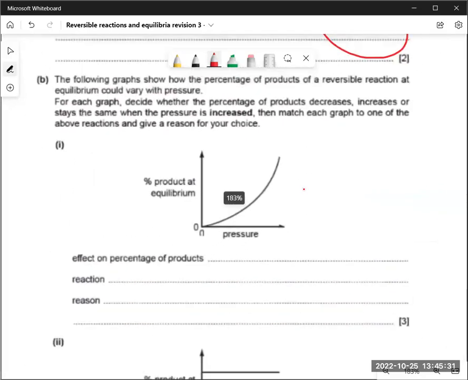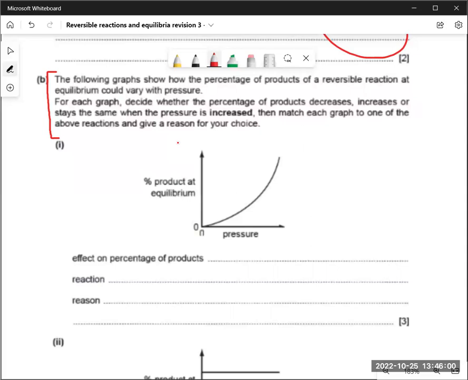Now, next question. This one. Read the question. The following graphs show how the percentage of products of a reversible reaction at equilibrium could vary with pressure. For each graph, decide whether the percentage of products decreases, increases, or stays the same when the pressure is increased.